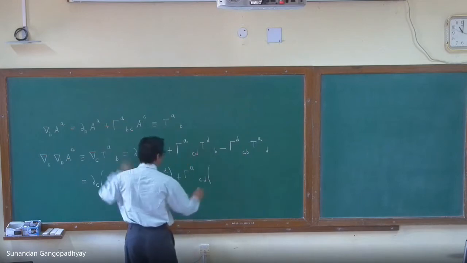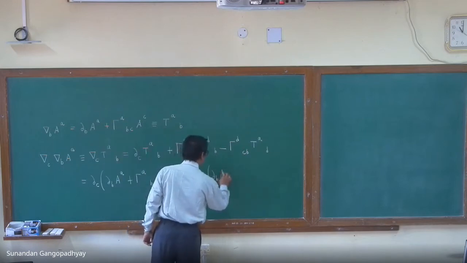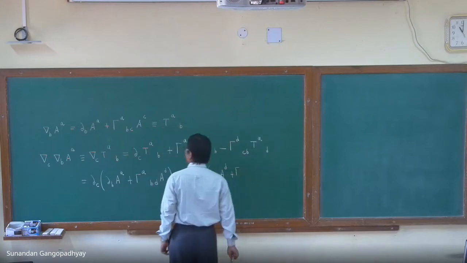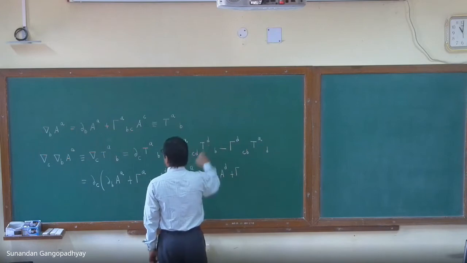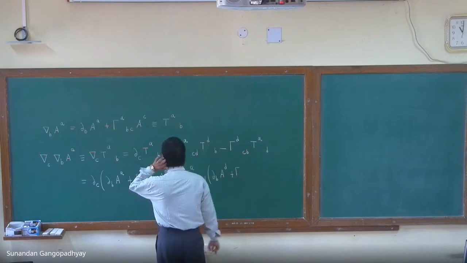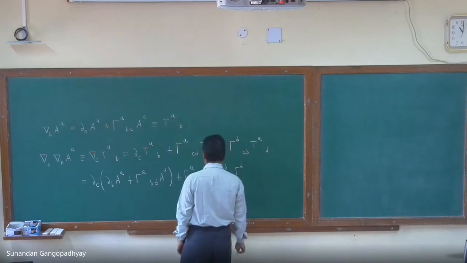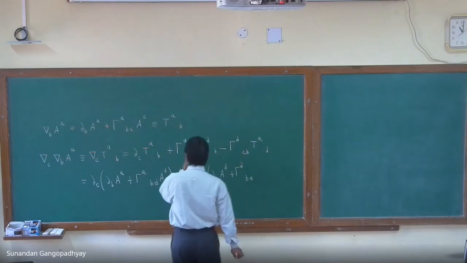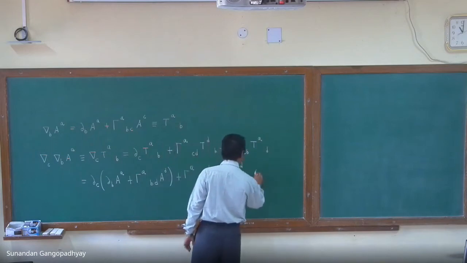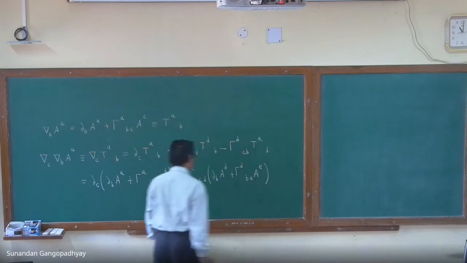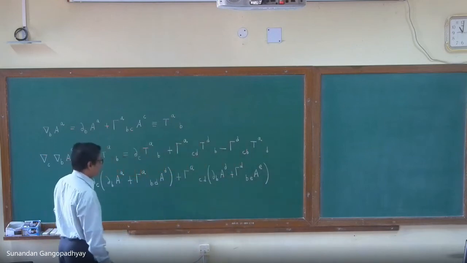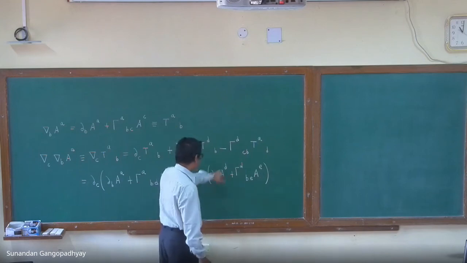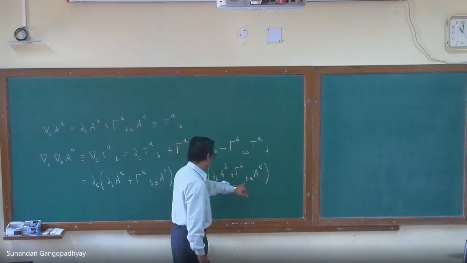EDB is nothing but del G plus gamma D, D E. Please check whether we read correctly or not. ABC, BD is there.